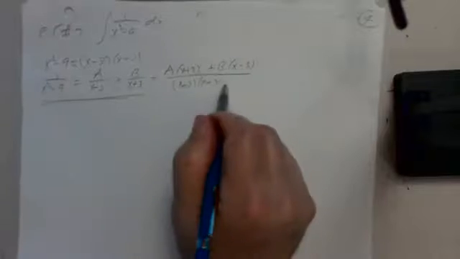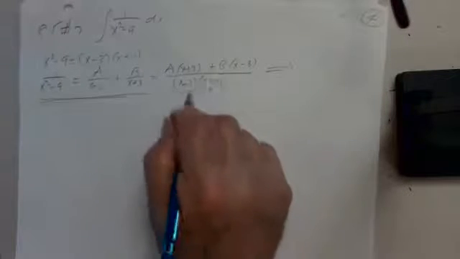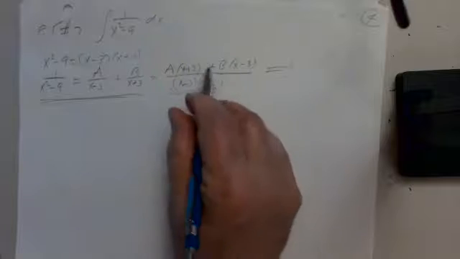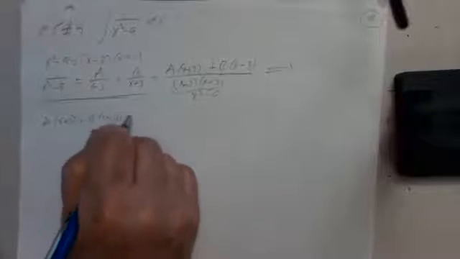So if this fraction equals this fraction, the denominators are the same. This is just x squared minus 9. So the numerators have to be the same. You have a times x plus 3 plus b times x minus 3 has to equal 1. And we need to find a and b.